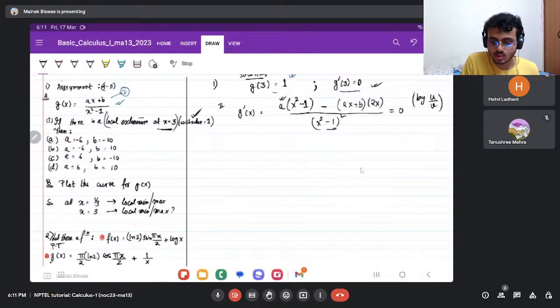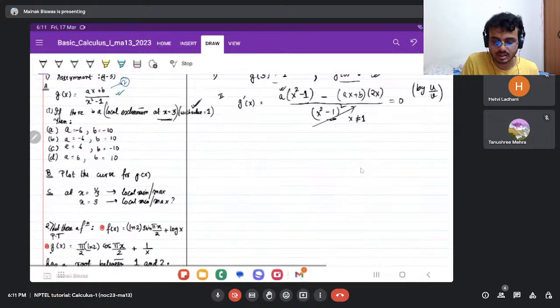So x not equal to 1, let's assume for the time being, and we can remove the denominator since it is always greater than 0.